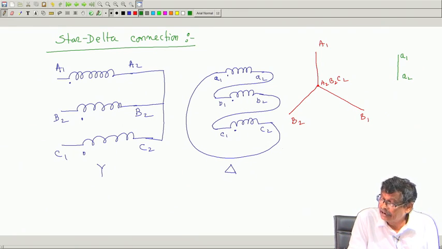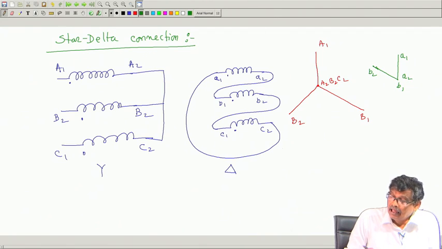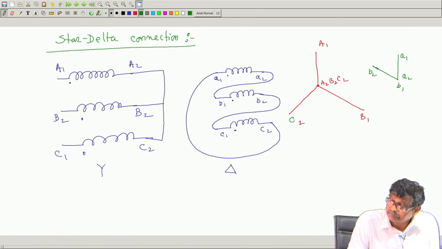So, this line I will bring it here, B1 with B2, and finally, I am sorry, this is C1, C1 it is.